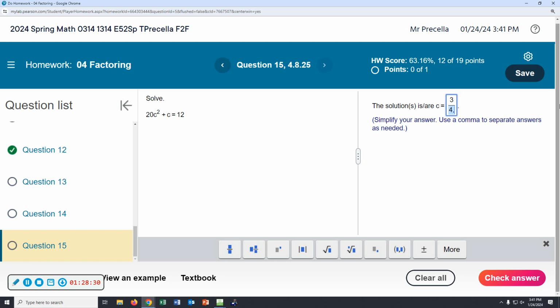The comma should not be in the bottom of the fraction. It used to be that if you typed a comma in the bottom of the fraction in this assignment, it was automatically counted wrong. But some little programmer decided to fix it so that it'll take the comma in the denominator. And they changed the programming on certain problems. So if you type it like that, and then you put, what's the next one?